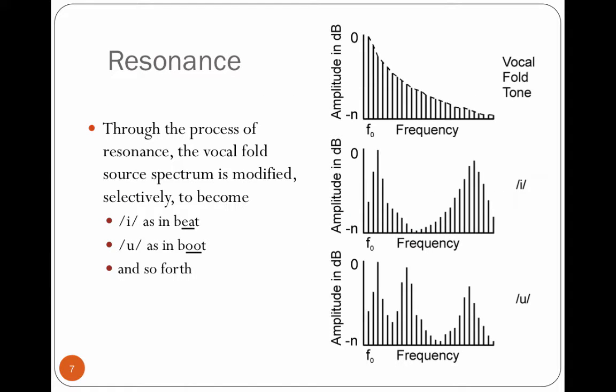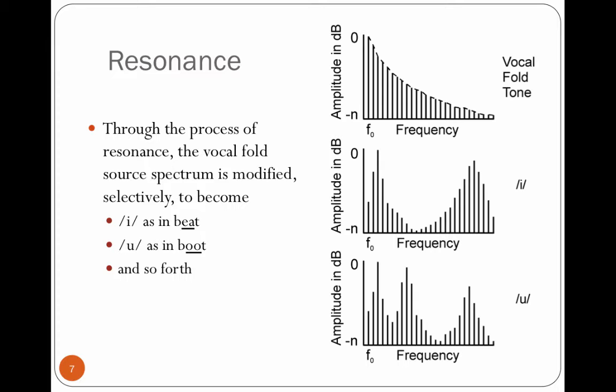So through the process of resonance, the vocal fold source spectrum can be modified. So it can be changed so we don't have this very consistent roll-off rate. We can open our jaw or close our jaw or move our tongue forward or move it back, and we can shape the buzz that's coming out of our vocal folds.